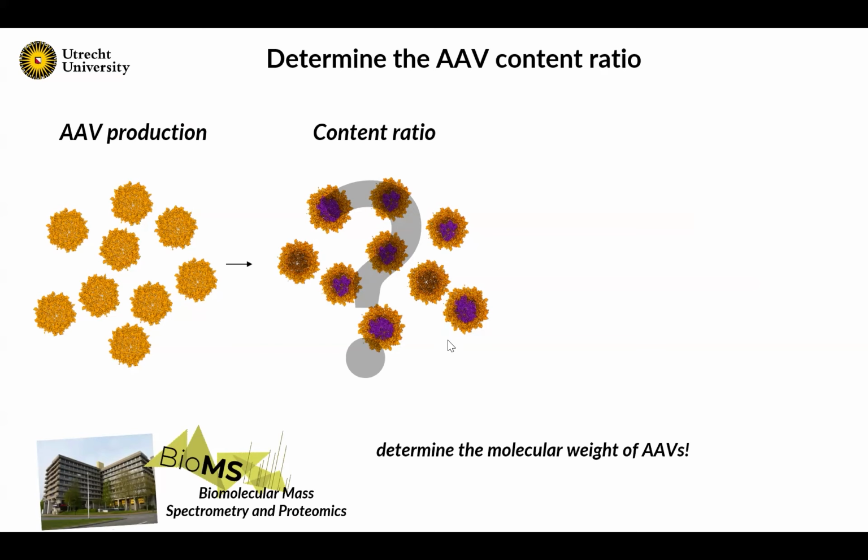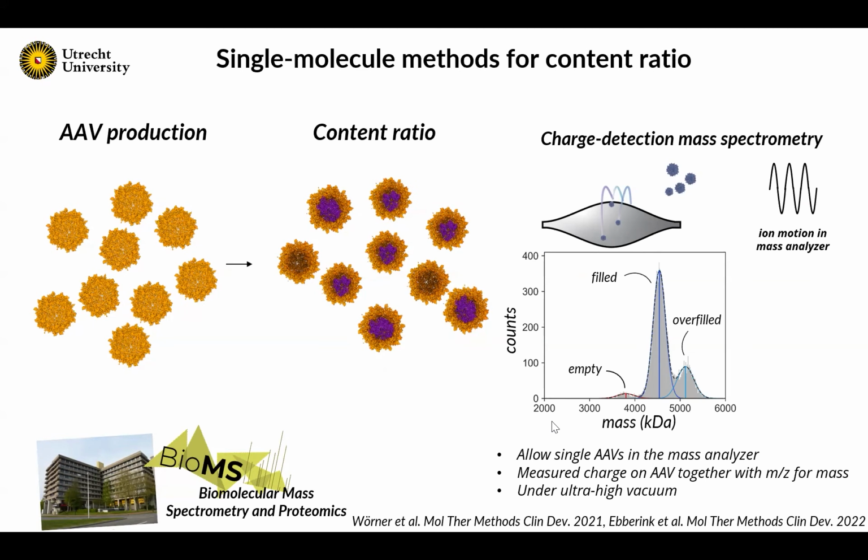So basically, our approach would have been to determine the molecular weight of each individual AAV and say, okay, this one is filled and this one is empty. And indeed, in the past, within our group, a method was developed where we were able to use a mass spectrometer, in our case, an Orbitrap-based mass spectrometer, where we can analyze the mass for each individual AAV.